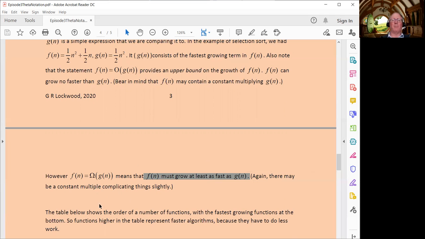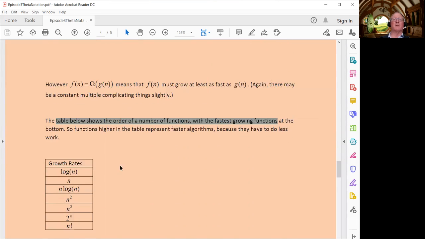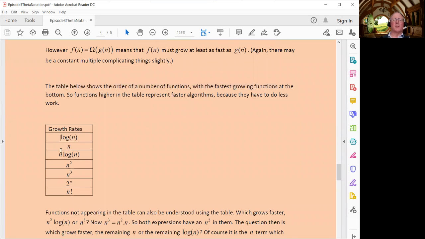complicating things slightly. And I've got a table here which shows the order of several functions with the fastest growing functions at the bottom. So the further you go down this table, the faster the functions grow, and any algorithm that is measured by these is going to work slower. Right?